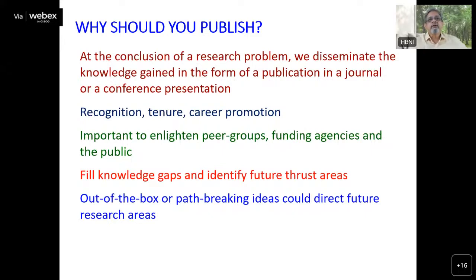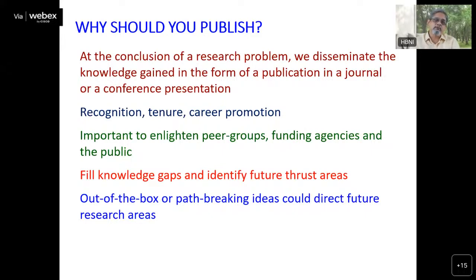Another reason why people publish is to get recognition for their research work, in the form of awards. It can also help you to get positions, tenure tracks, etc. in your career. And finally, for those already in their jobs, you can get promotions based on the number of research publications or the kind of research you carry out and publish during the course of your work.